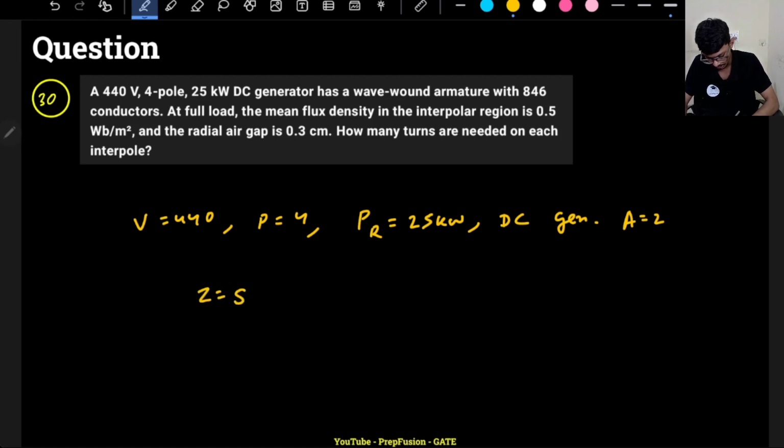At full load, the main flux density in the interpolar region, B_I, is 0.5 Weber per meter square, and the radial air gap, that is L_GI, is given as 0.3 centimeter.